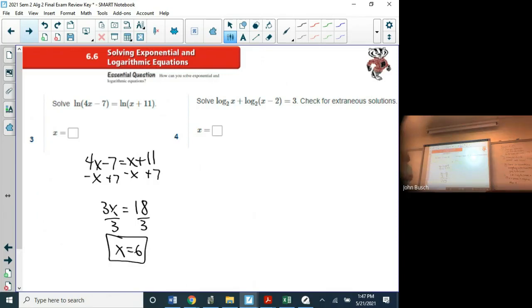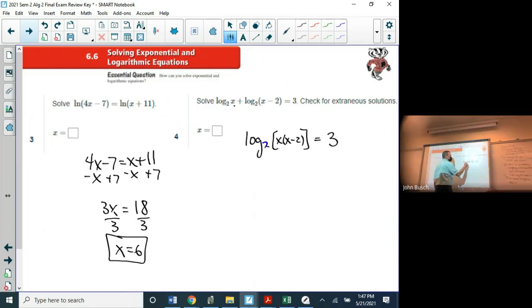This one might be a little trickier because we want to condense this into 1 log base 2. And the way you do that is you multiply the x times the x minus 2, which is x squared minus 2x. And now we want to get rid of the log, and the way you do that is use an exponential.